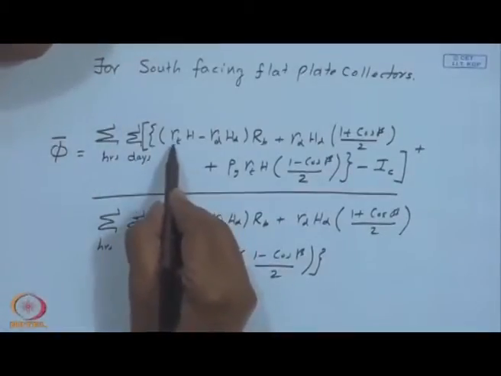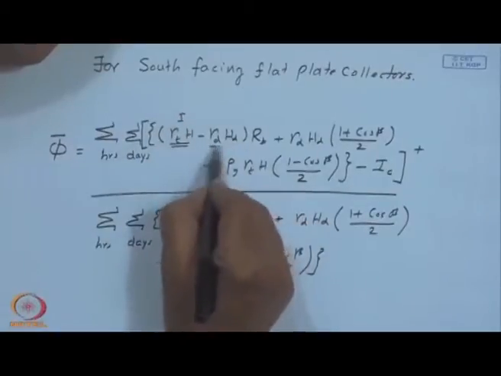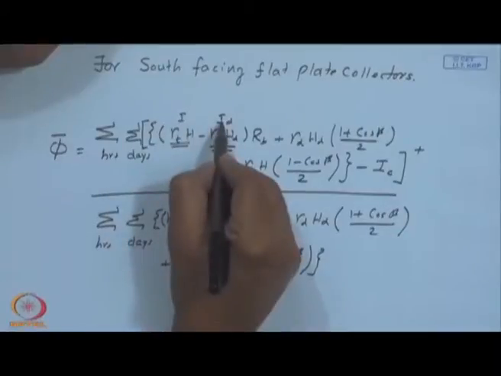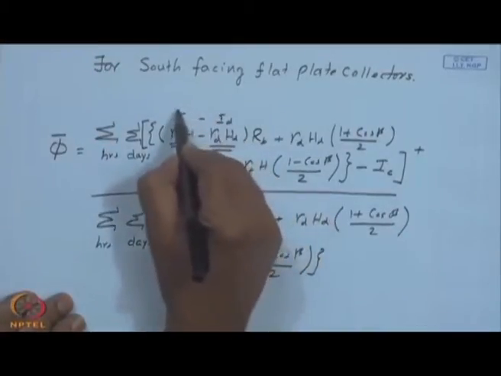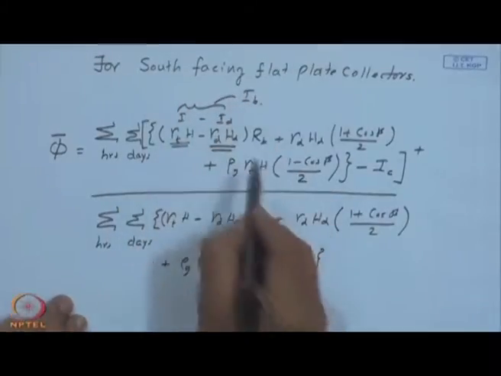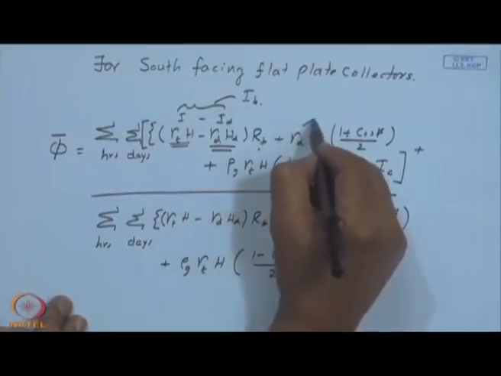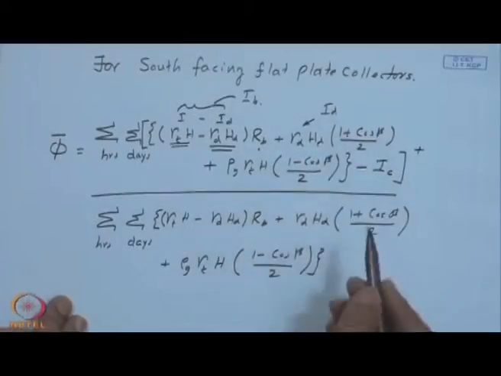So, this R t into h is nothing but I, R d into h d is nothing but I d. So, this makes it I minus I d, which is nothing but my I b, the direct radiation, multiplied by the tilt factor, and R d into h d is again nothing but I d times 1 plus cos beta by 2.